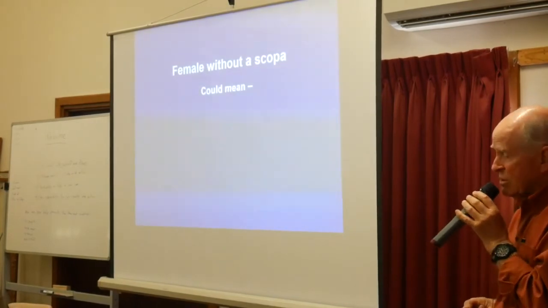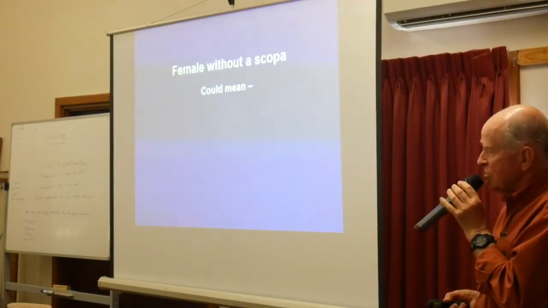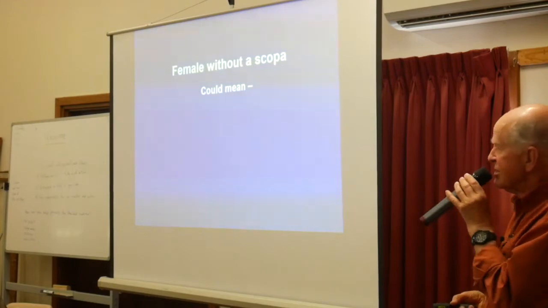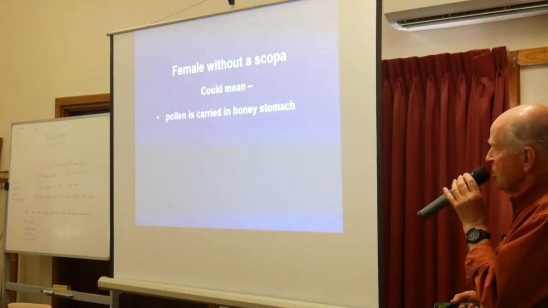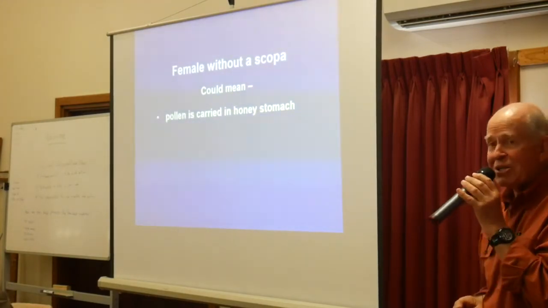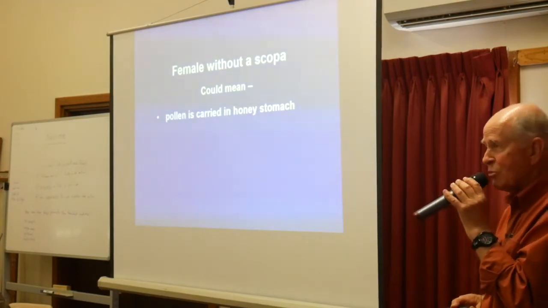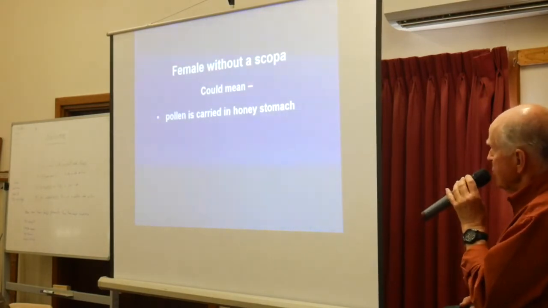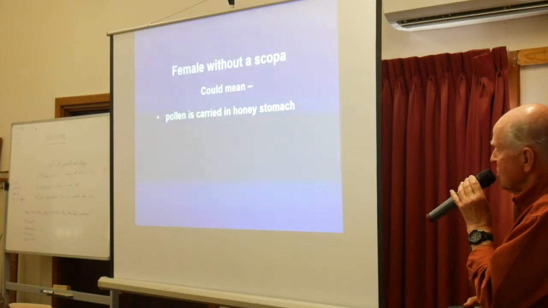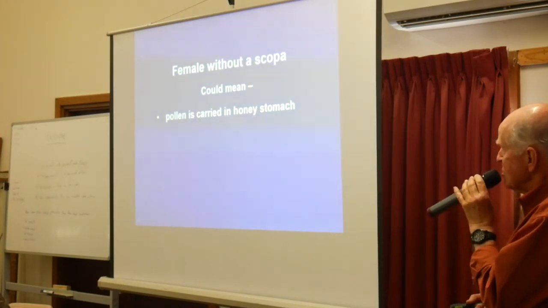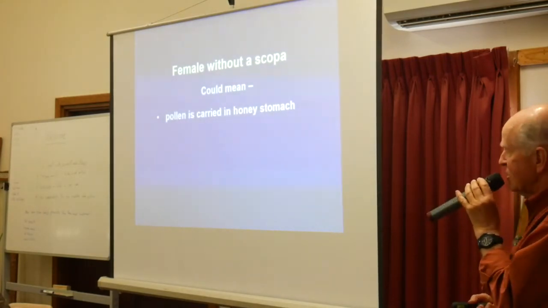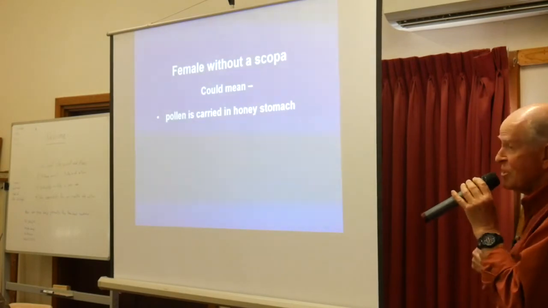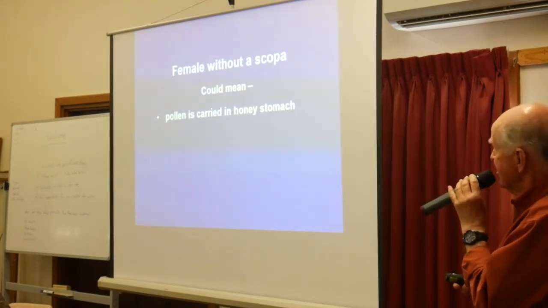If you find a female without a scopa, that may mean a number of things. It could mean that the pollen is carried in the honey stomach. The bees actually swallow it, and there are quite a few bees that do that. There are some large groups where all of the members swallow the pollen and carry it to the nest in the honey stomach, so it has to be regurgitated into the nest.